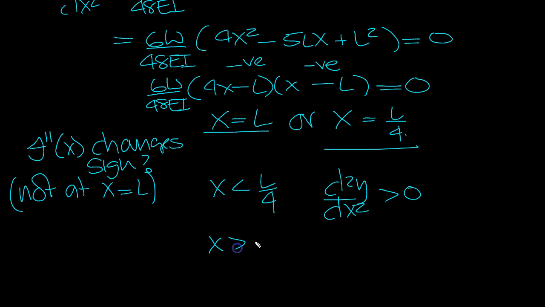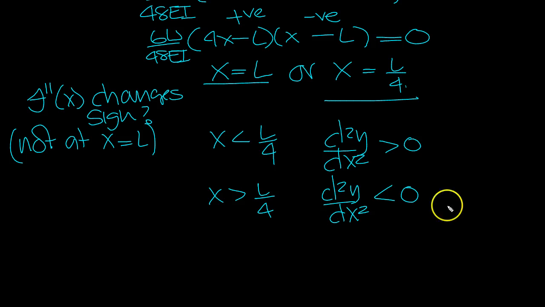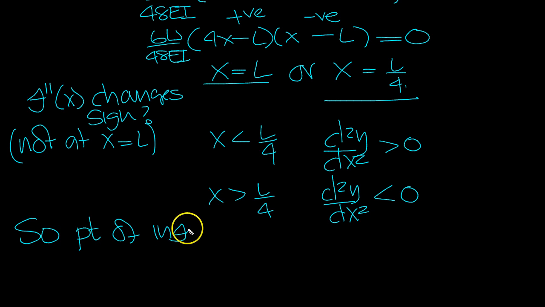When x is greater than L over 4, d2y by dx squared then, this would be bigger, and this would be negative, so that's less than 0. So yes, point of inflection. Inflection at x equals L over 4.